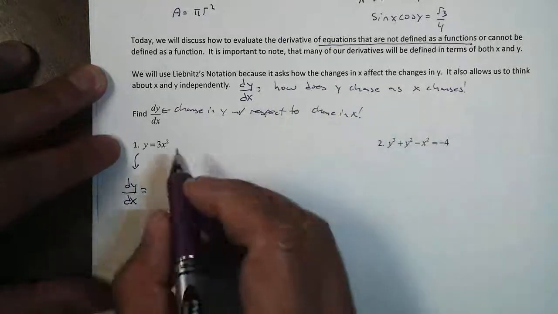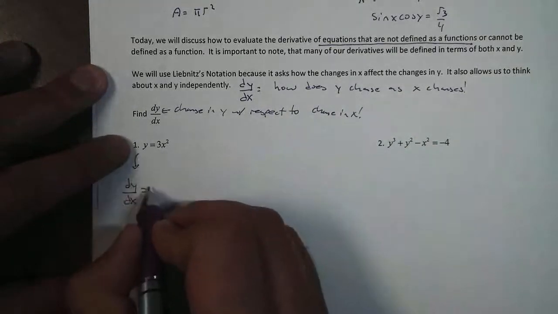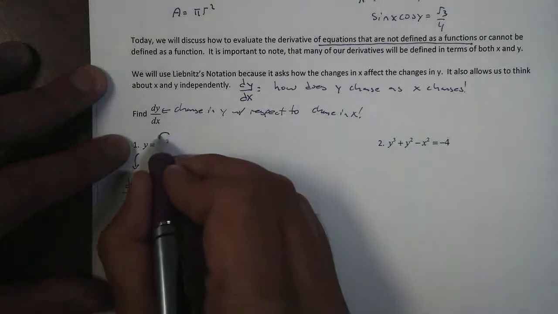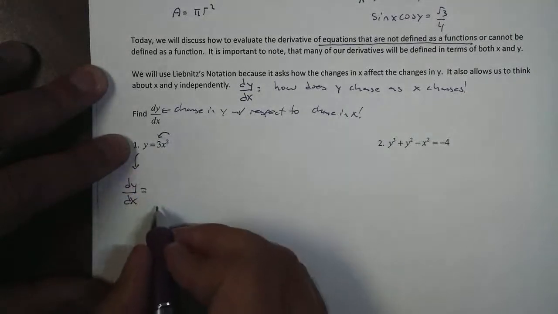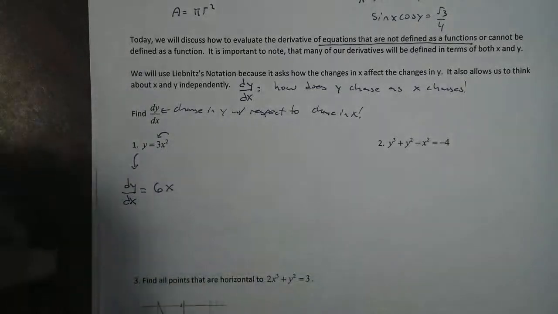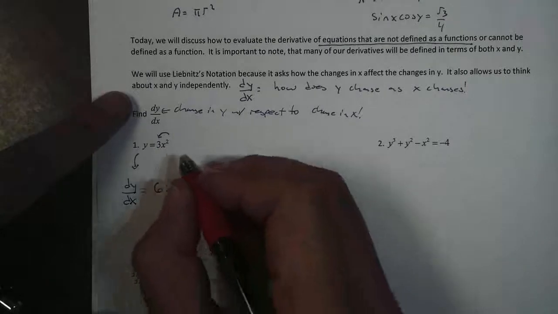That's what this says. I want the change in y with respect to the change in x. Over here, when I take the derivative, I'm going to use my power rule. Now this becomes 6x. Now I'm going to get really funky with this one, okay?